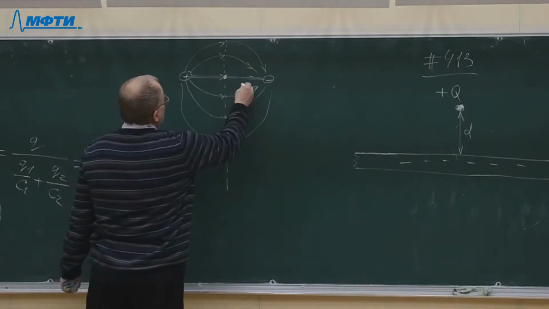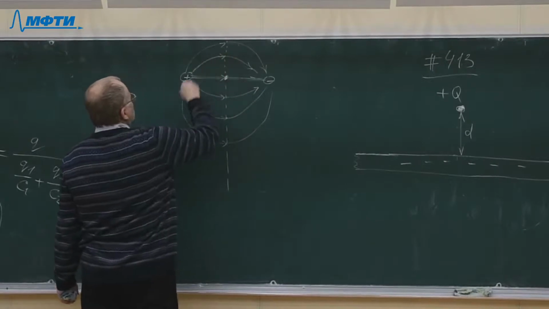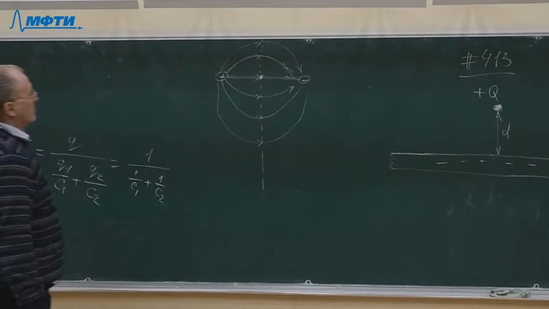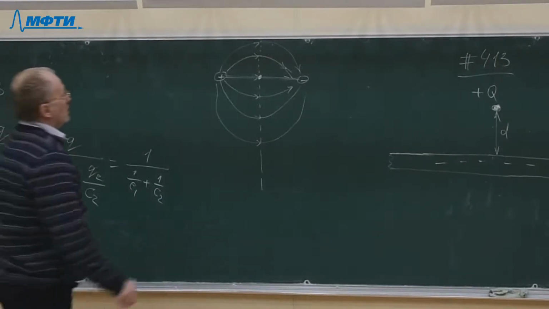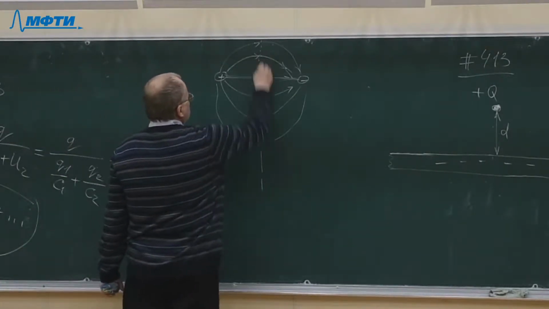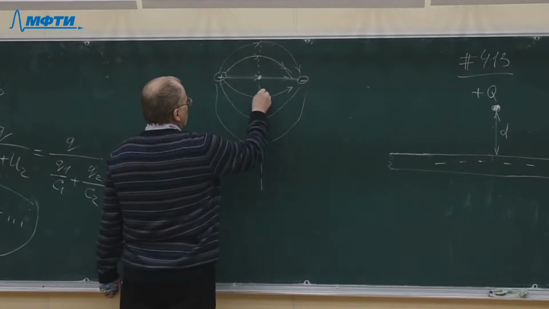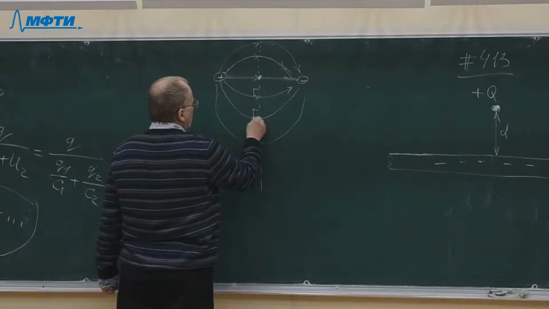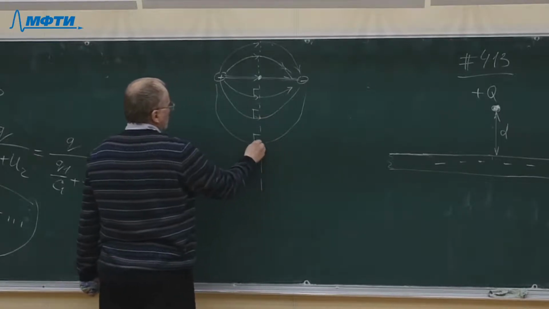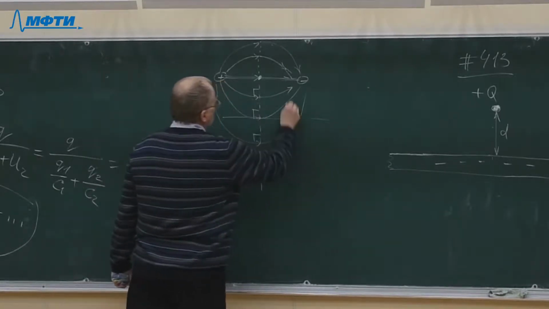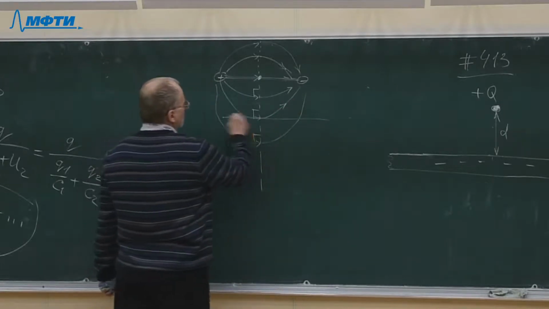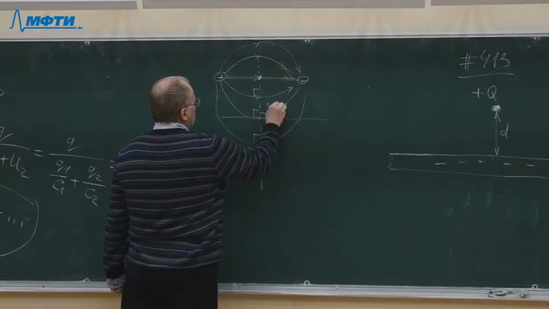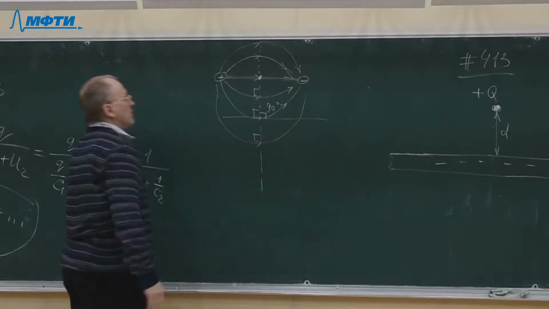All the lines will have the same form to the left and to the right of this flat surface. So at this surface, all the field lines will cross it at right angle. So this will be an angle of 90 degrees. If you draw a tangent line to the field line, then the tangent will be at angle 90 degrees to the surface of symmetry.